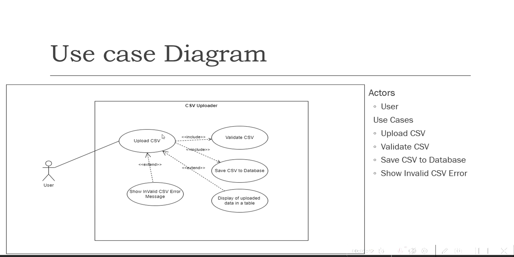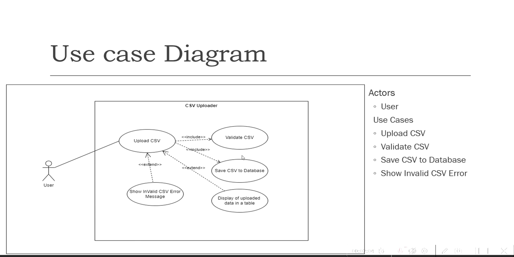So the sequence is, the user will upload the CSV, and after that validate CSV will fire. It will get executed. Then after the CSV file is validated and there are no issues, we will move on to save the data into the database, right?